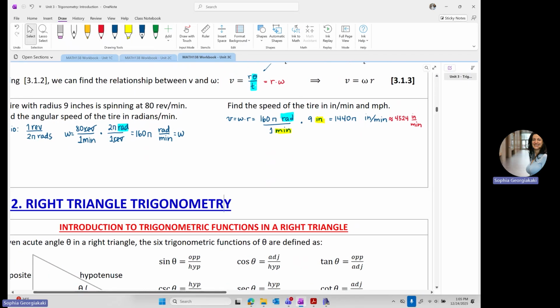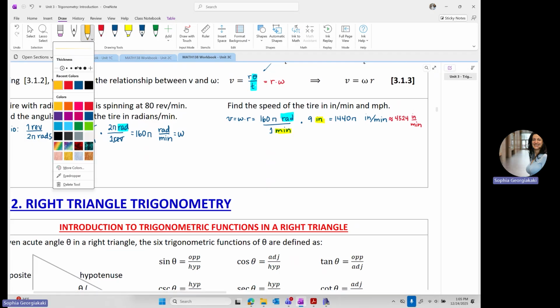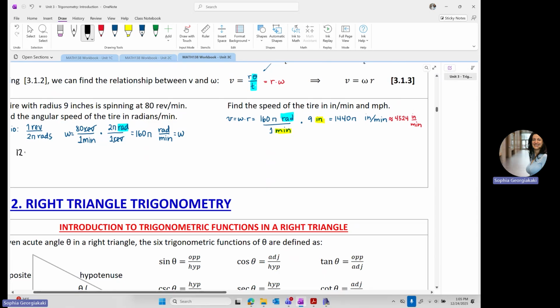Another ratio that I'm going to need to know is that there are 12 inches in 1 foot, and also there are 5,280 feet in 1 mile. I also need to remember that there are 60 minutes in 1 hour.